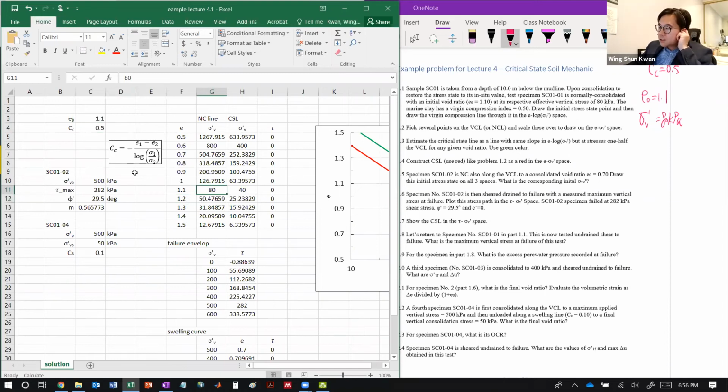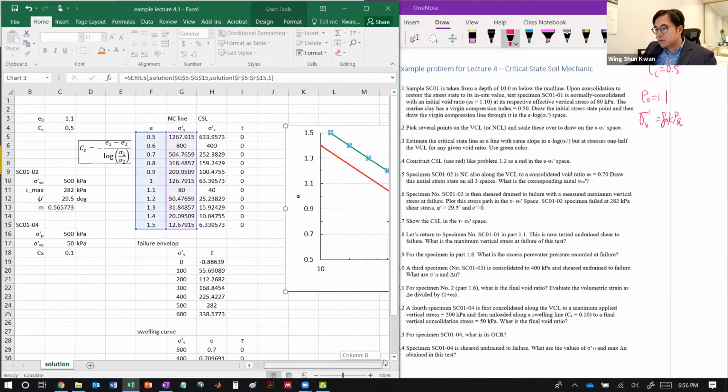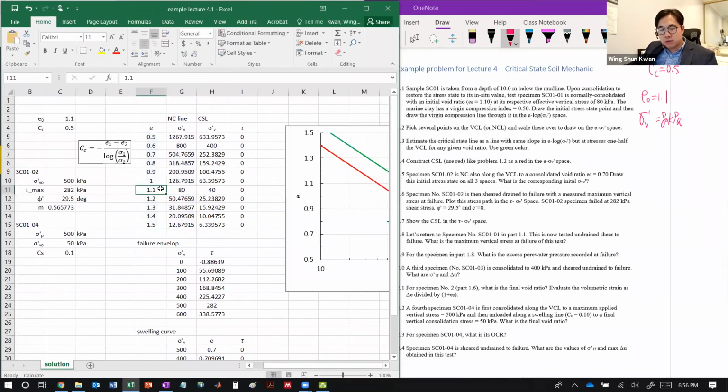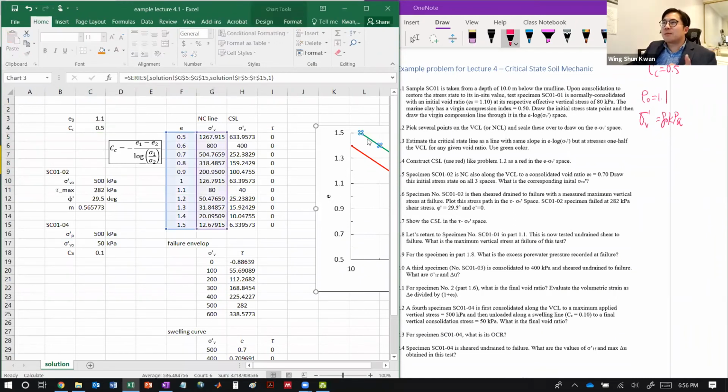Now the matter is how to construct this green line. If you know one point and also you know the slope, then we should be able to calculate the rest of it. So it just becomes a mathematical problem: how to create the straight line.